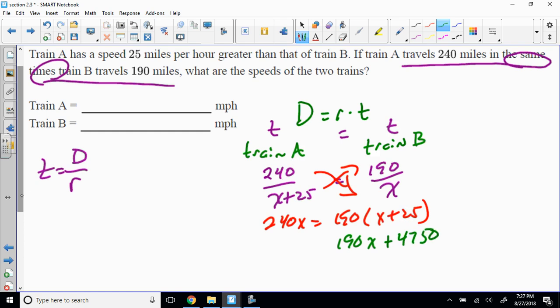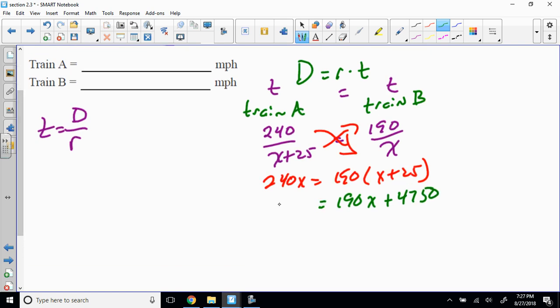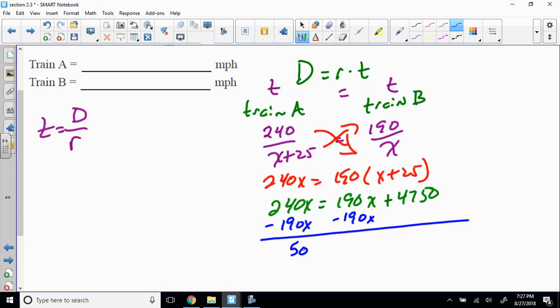Y'all agree? Disagree? Confused? Talk to me, folks. 50, yeah, thank you. It'll go an even amount of times, you know why? It's 50, 4750, right?